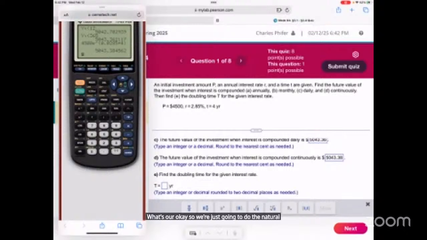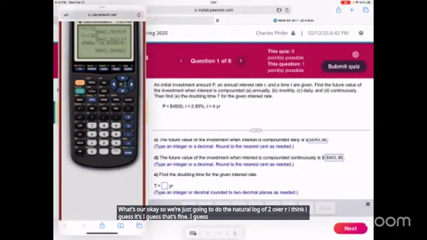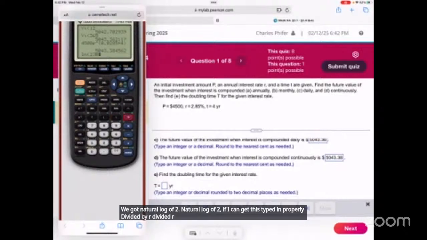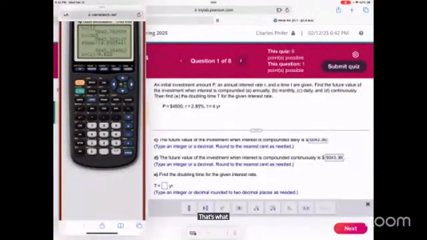I guess that's fine. I was hesitant, thinking that the half-life shouldn't be the same as the doubling time, but when I just did it, I got the same formula, so I'm going to go with it. We have the natural log of 2 divided by R, 0.028. That should be the time it takes for it to double. That's what I got, so 24 years.